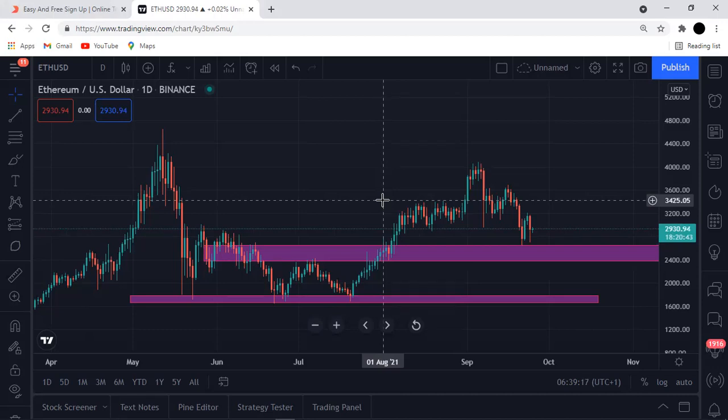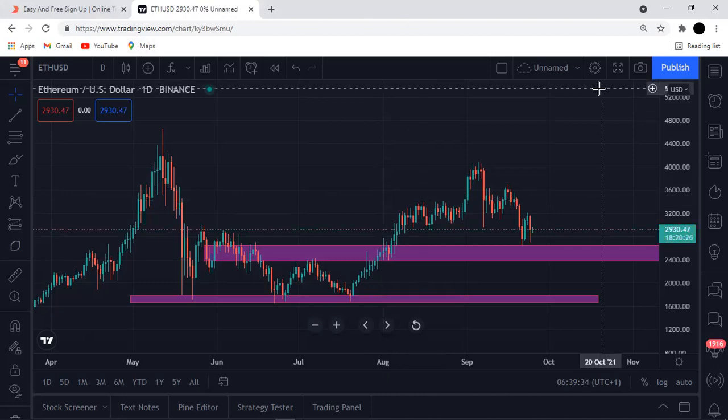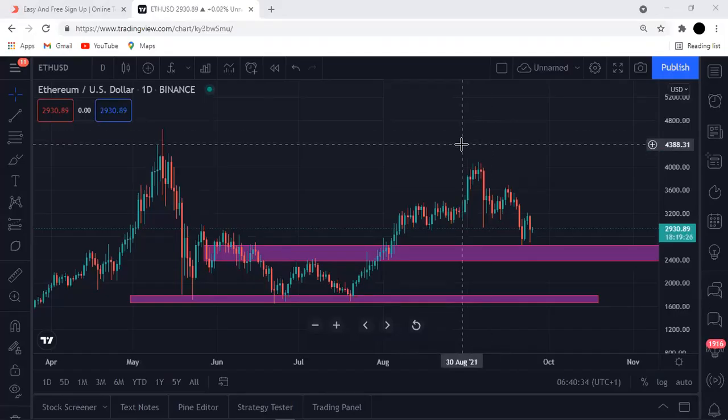There are certain things you should watch out for when trading an engulfing candle, irrespective of whether it is a bullish engulfing or a bearish engulfing. Like I said, there are four things you should watch out for when trading the engulfing candle.